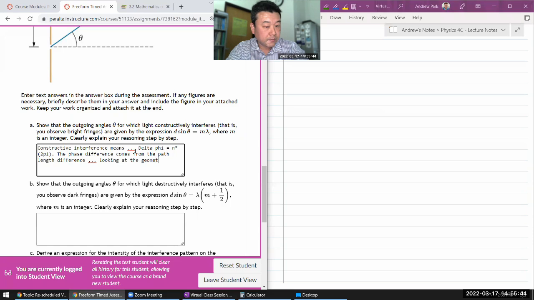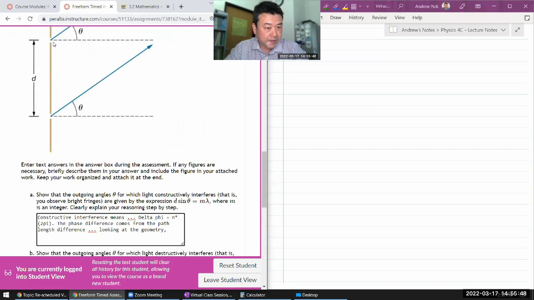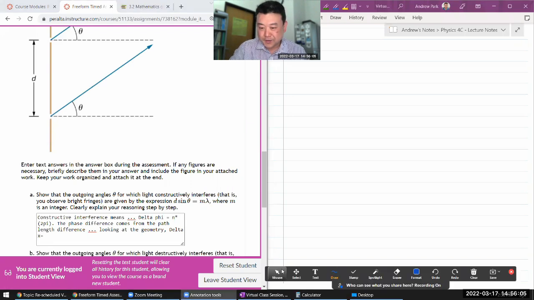Looking at the geometry, that would be this geometry here. I might draw some figures here that are in the textbook. The path length difference, delta x, is equal to the hypotenuse. Let me draw some of these figures so that I'm not just gesturing with a mouse.